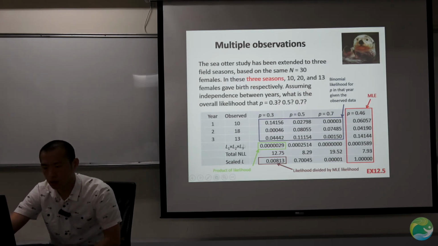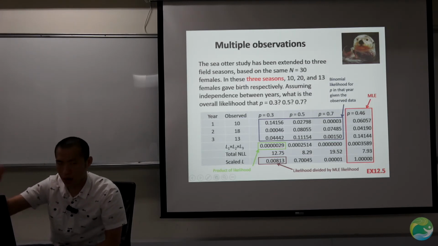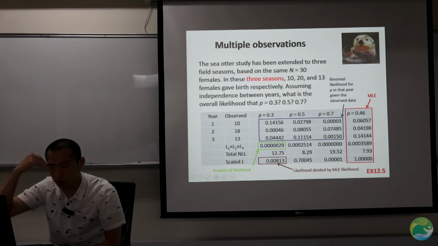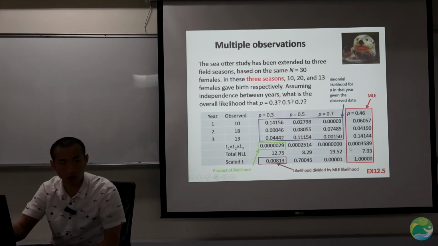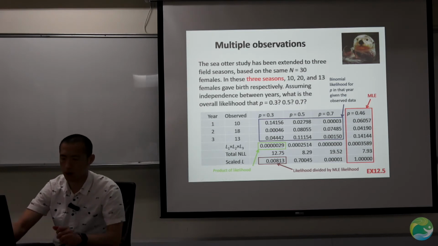The negative log likelihood is smaller. So when you look at the likelihood, you want a higher value. If you look at the negative log likelihood, you want a smaller value.